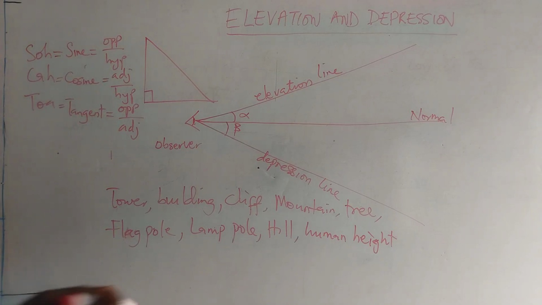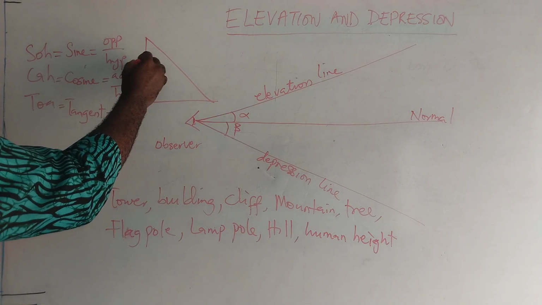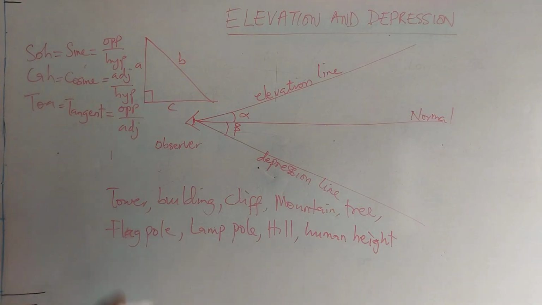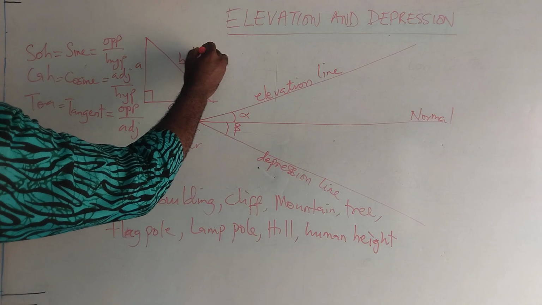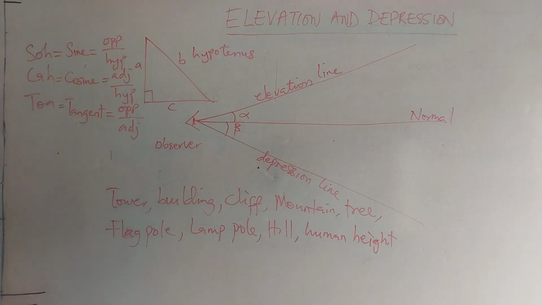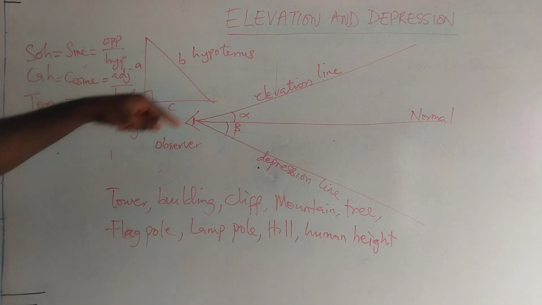And then a quick reminder that in a right-angled triangle where you have three sides, the side facing the right angle is always the longest side, which is the hypotenuse. So this is what we call the hypotenuse. B is the hypotenuse. While these two other ones depend on the position of the angle in the triangle.